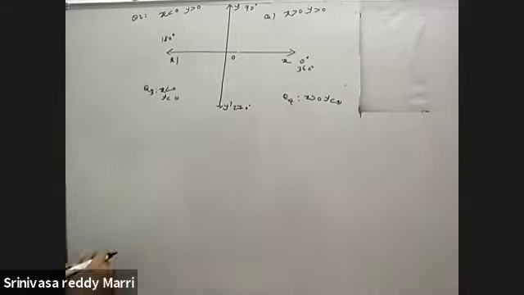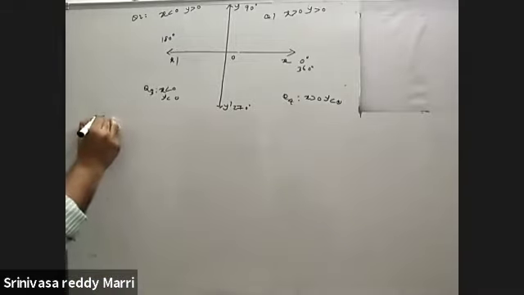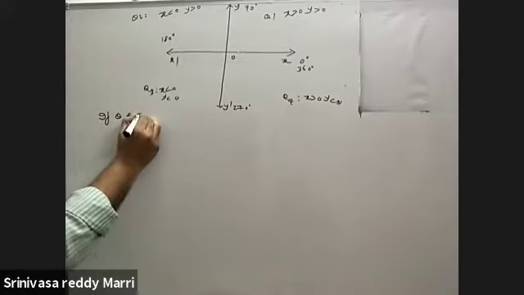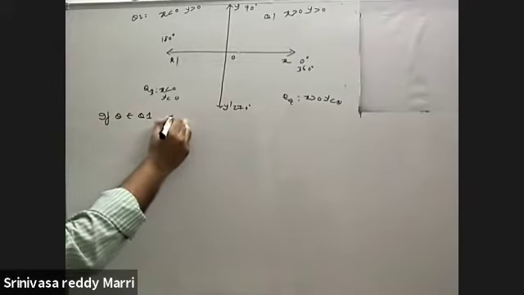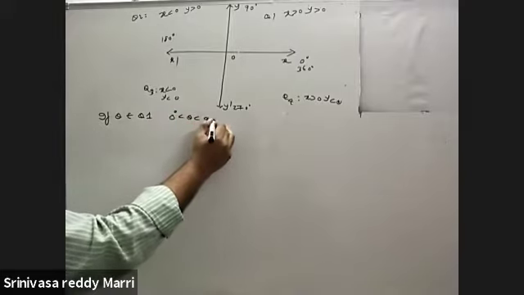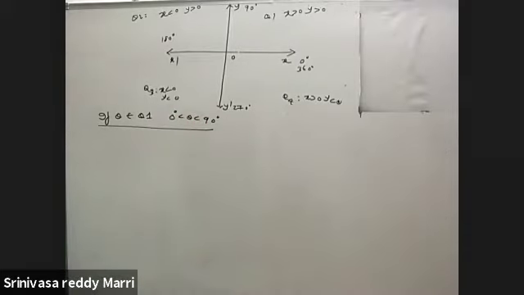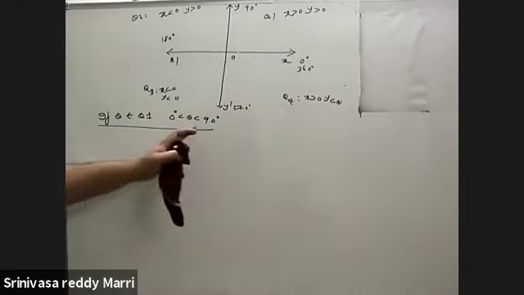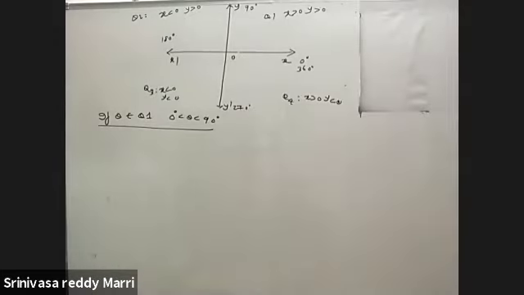Look at the first one. If theta belongs to quadrant 1, that means theta is between 0 and 90 degrees, suppose let us say 30 degrees. First we have to measure that angle.